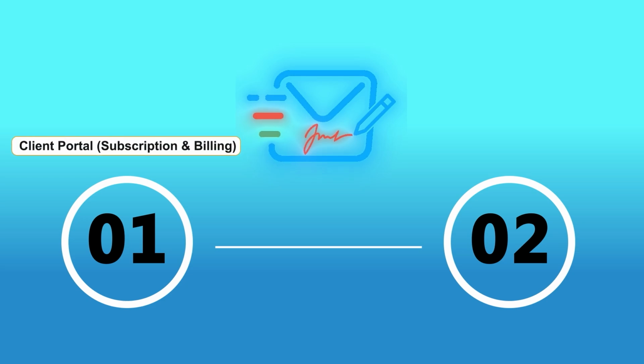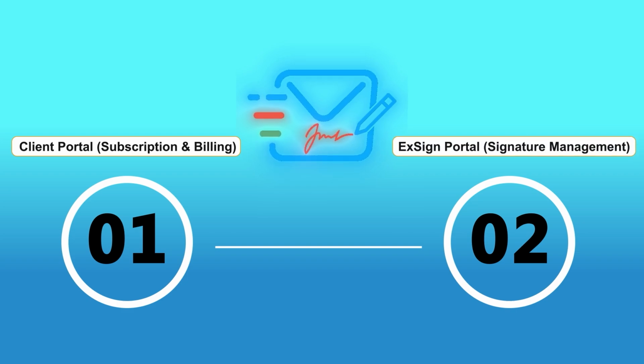The first step involves signing up for a 14-day free trial through the ExSign client portal and linking your Microsoft 365 tenant to the service. The second step consists of signing in to the ExSign portal for signature management and creating your first signatures through it. So let's begin and see how it works.